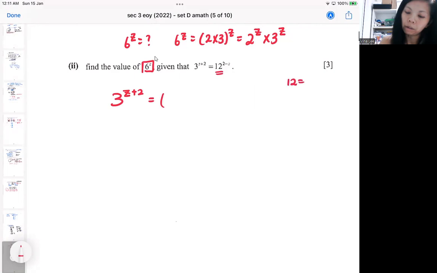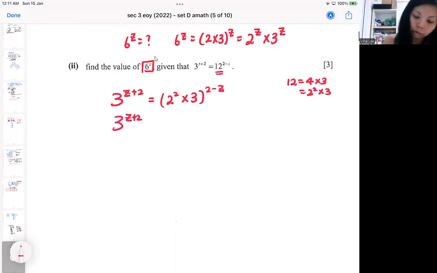Think about 12 as 4 times 3, which is 2 squared times 3. In indices, we also try to make the base as small as possible. So distribute the power for the base 2, and distribute the power for the base 3.